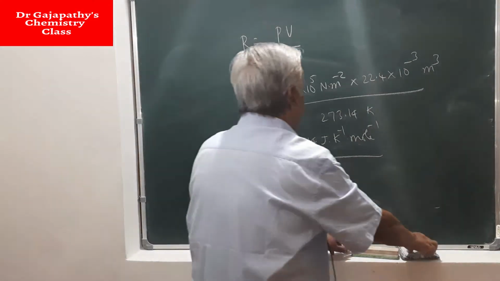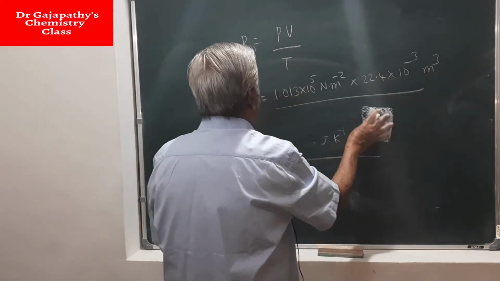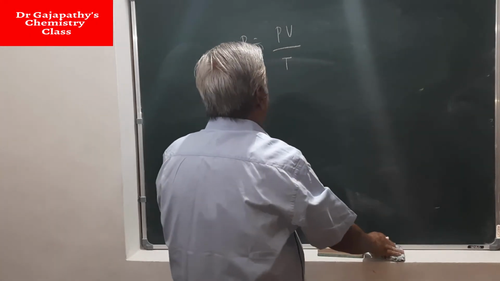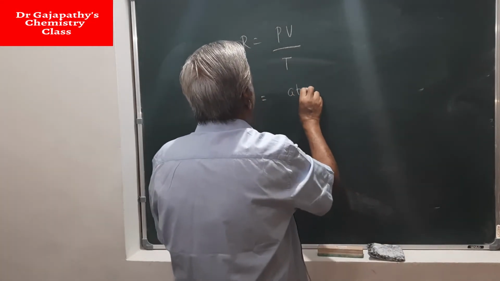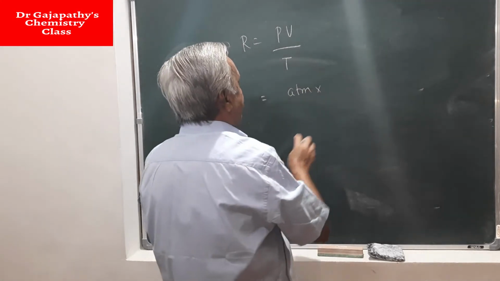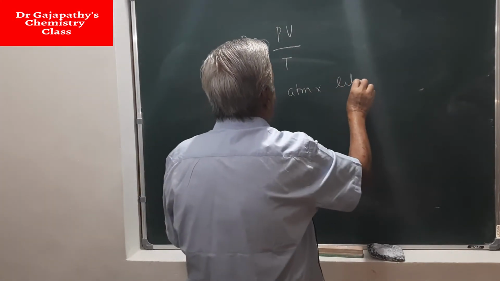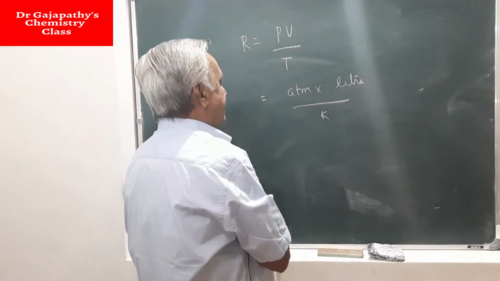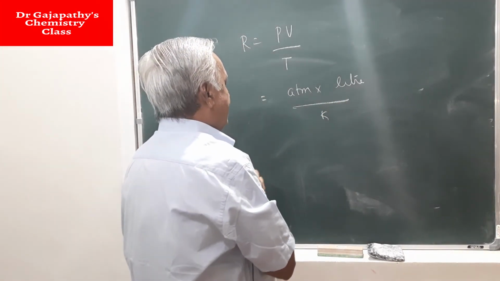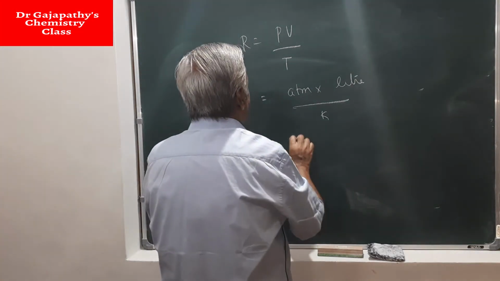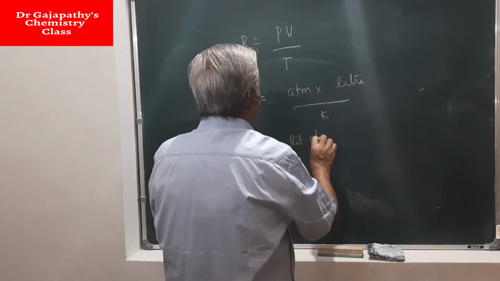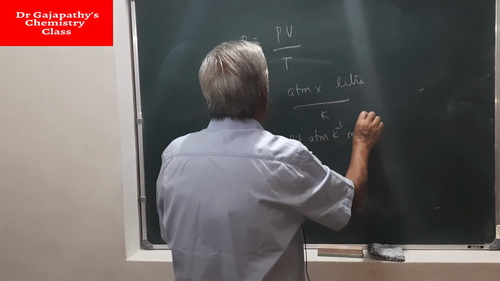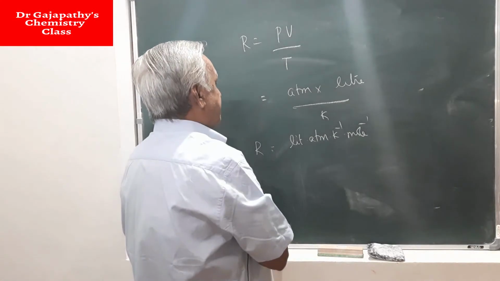Instead, if I want to substitute the pressure in atmosphere itself, volume in liters, temperature in Kelvin, the unit of R will be liter atmosphere per Kelvin per mole.